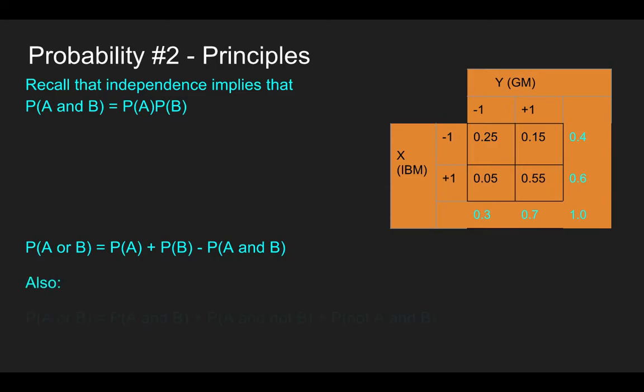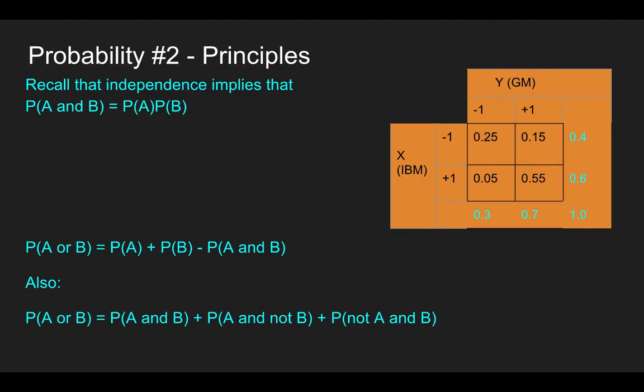Also, if you're looking for either A or B, that's simply equal to all of the cells of your two-way table that qualify for that condition. So we're looking for either of them going up. So you add here and here and here because these are all ones. Right? Here's where y goes up, here's where x goes up.